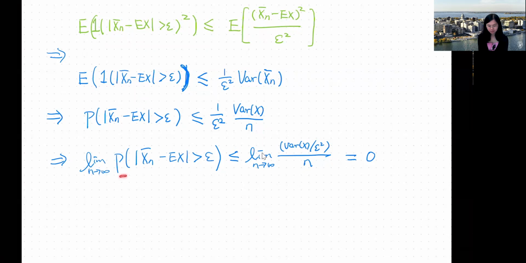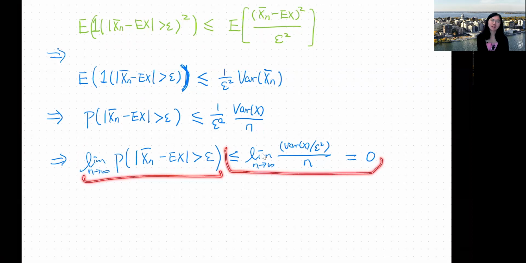And clearly the probability cannot be negative, so it is greater than or equal to 0. Therefore, the limit is also greater than or equal to 0. It is greater than or equal to 0 and less than or equal to 0.